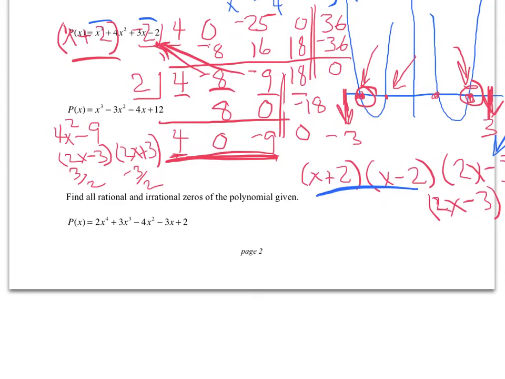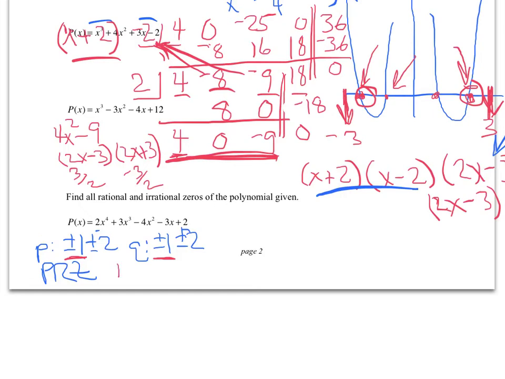So again, we're going to look at the list of p's and q's. P, remember, is all the factors of the constant 2, so the factors of 2 are plus minus 1 and plus minus 2. Q is all the factors of the leading coefficient, which is also 2, so plus minus 1 and plus minus 2. Therefore, the possible rational zeros are when you use your combinations of plus minus 1 with plus minus 1.